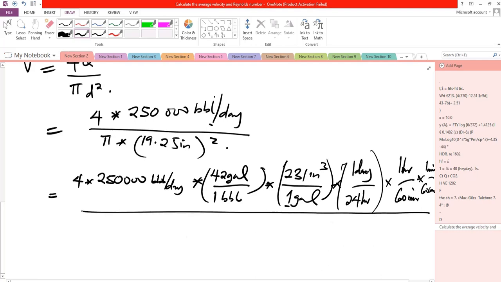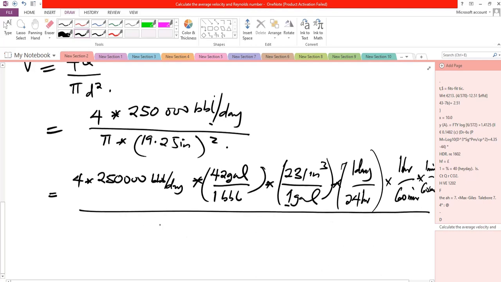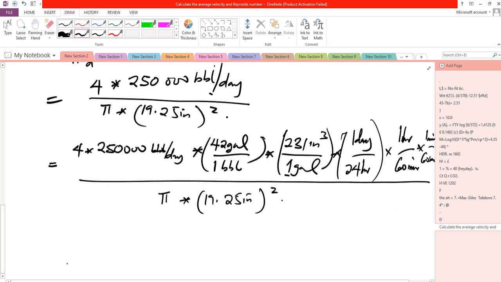The whole of this is divided by pi times 19.25 inches squared. We use our calculator to multiply out to get our answer. Our answer should be in inches per second.